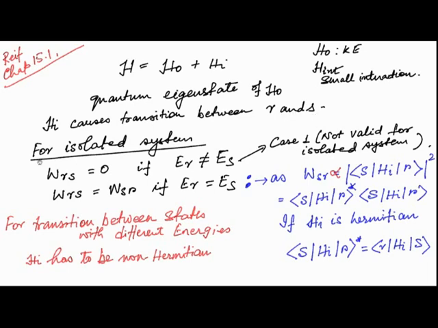Now, for an isolated system, it can be shown, if Hi is Hermitian, and it's an isolated system, so if you're talking about microstates or equivalently quantum states, the system going from R to S, when the energy of R and S are different, WRS is equal to 0.